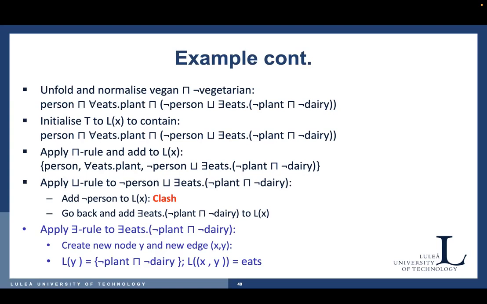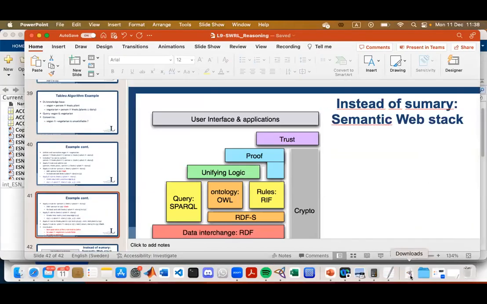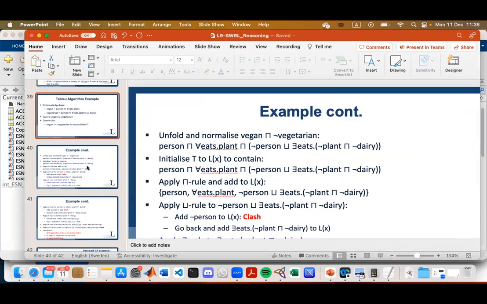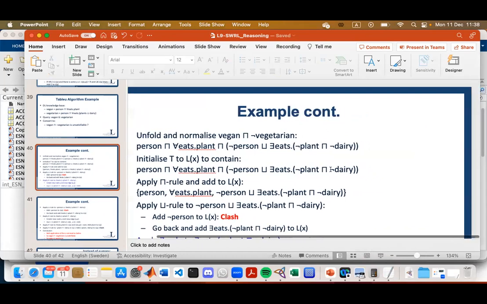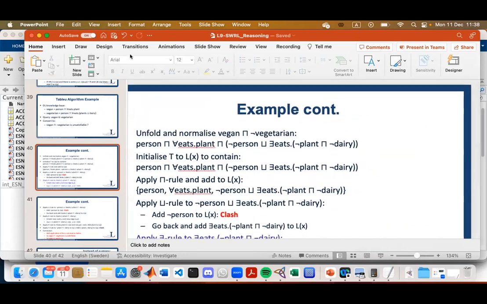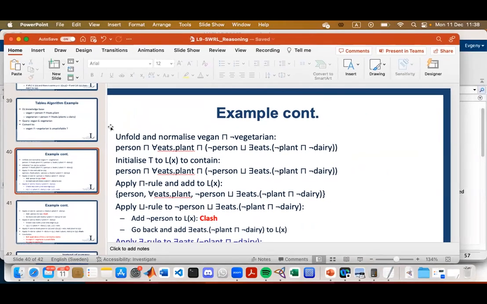So maybe now I want to do some drawing directly online. We are representing this equation now, person and eats plants and then the negated part, graphically. We want to unroll it. What do we have here?